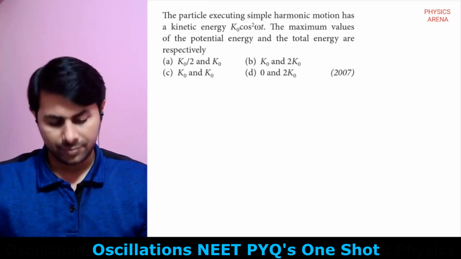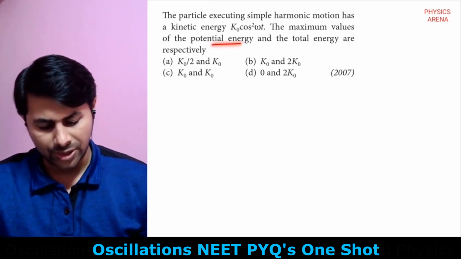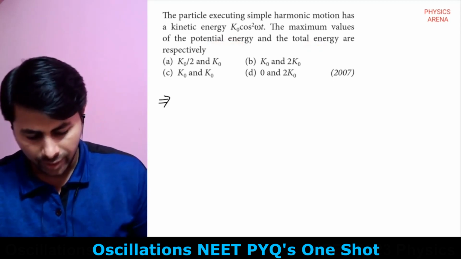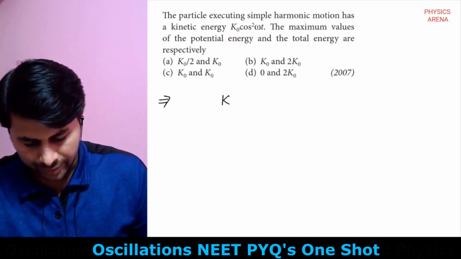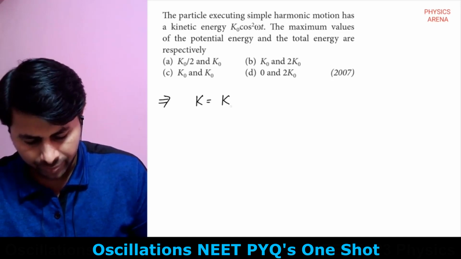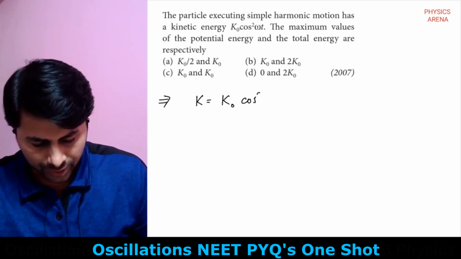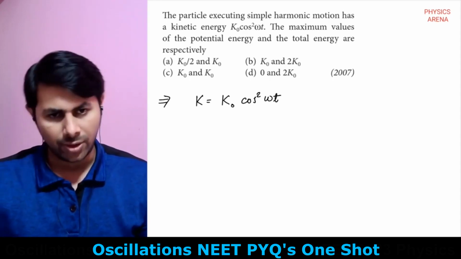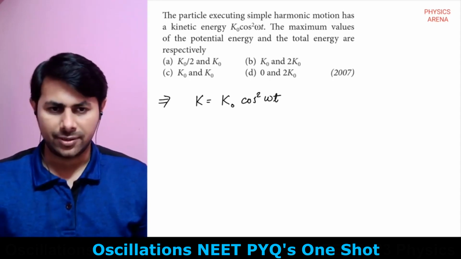Tell me the maximum values of potential energy and total energy. Kinetic energy is given by k naught cos square omega t. It's option C, right?